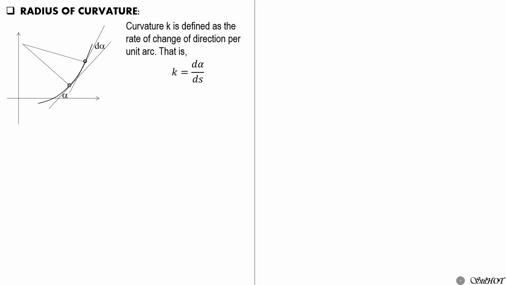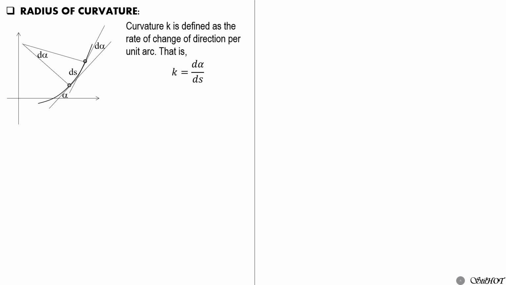So they meet at the center of curvature, which forms an angle. So these two radii form an angle which is also differential alpha. The angle between radii is also the angle between the tangents. So this is ds, and that is d alpha.